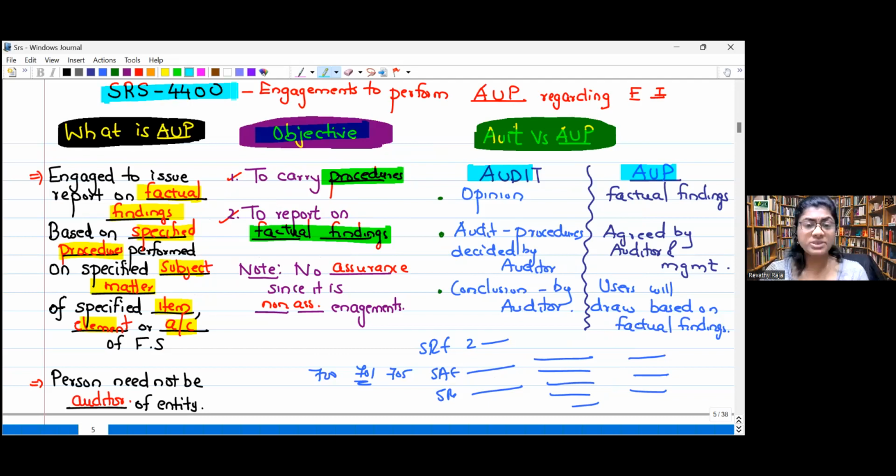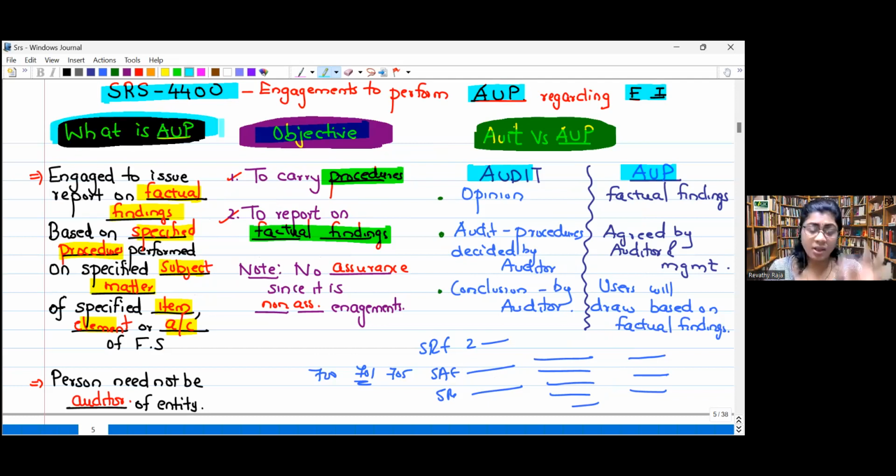What is the name of this SRS? Engagement to perform agreed upon procedures, something related to financial info. It can be an item, element, account, or balance in the FS: trade payables, inventory, travelling expense, we said. Now, what is agreed upon procedure?